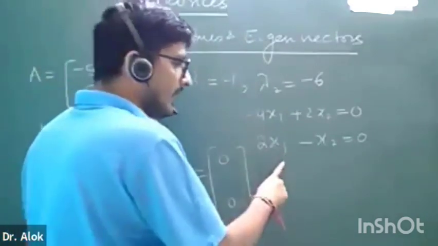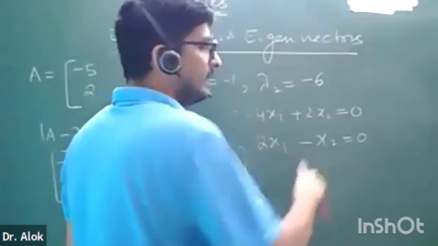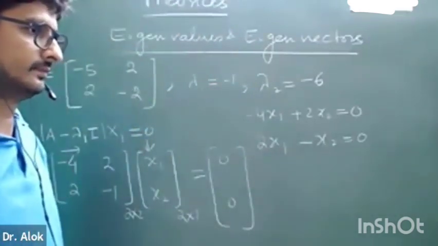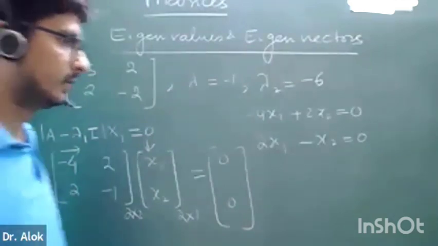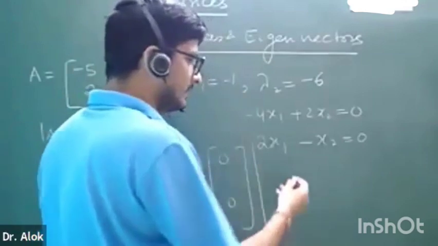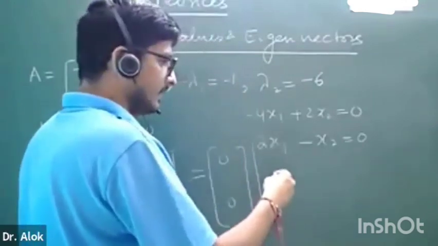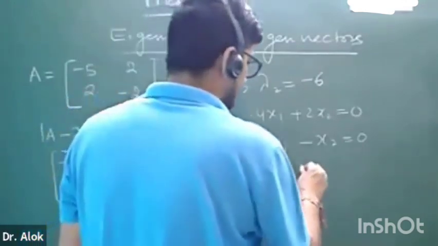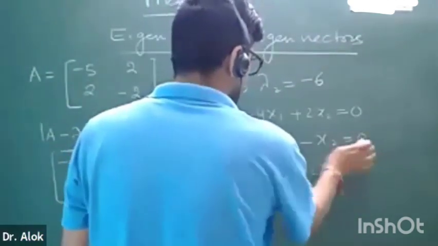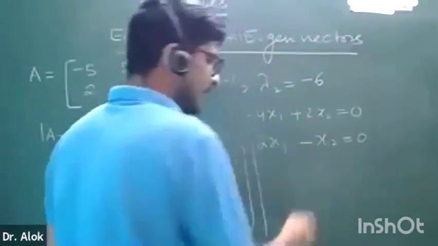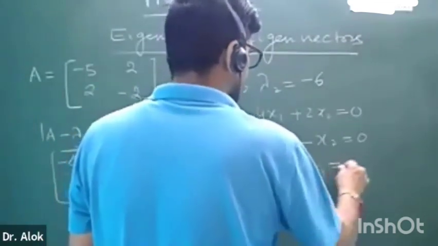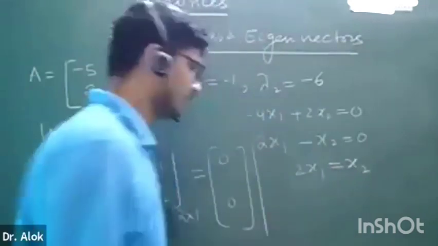So if only one equation and two variables are there, how will you solve? The only method is to write one variable as some constant. So let us write x1 or x2, whatever you want. So 2x1 is equal to x2 is the solution.